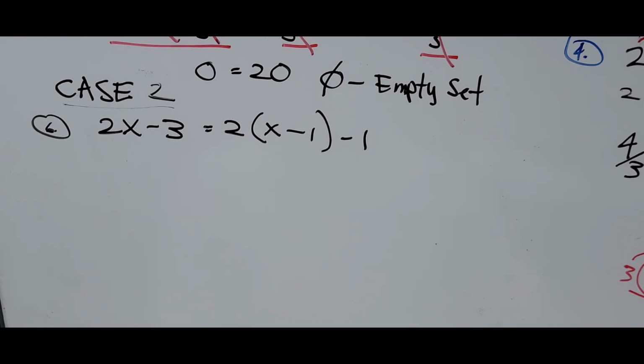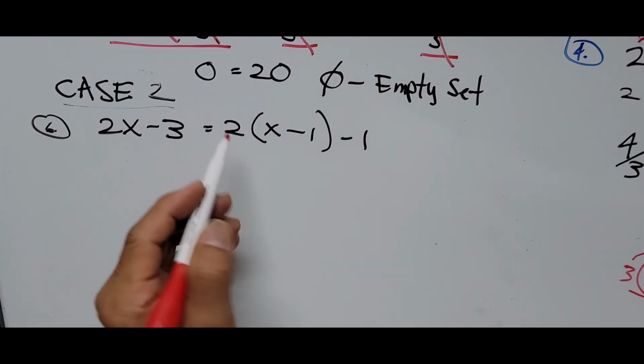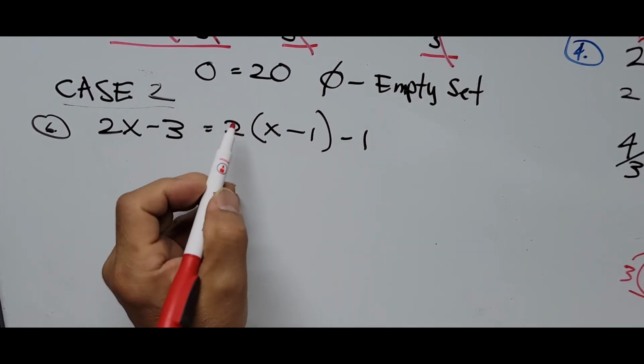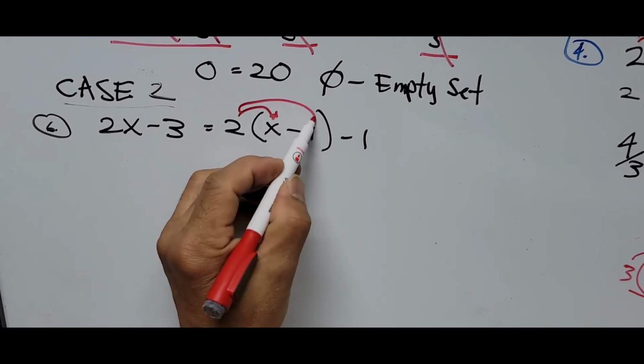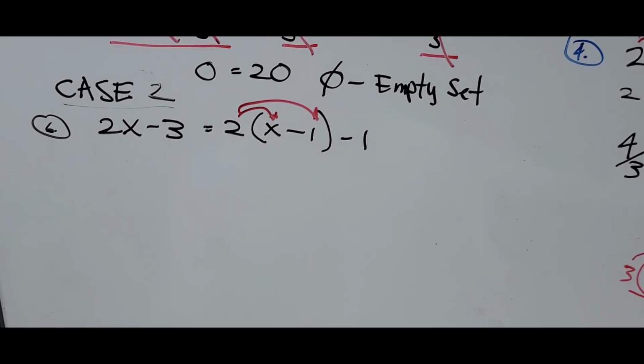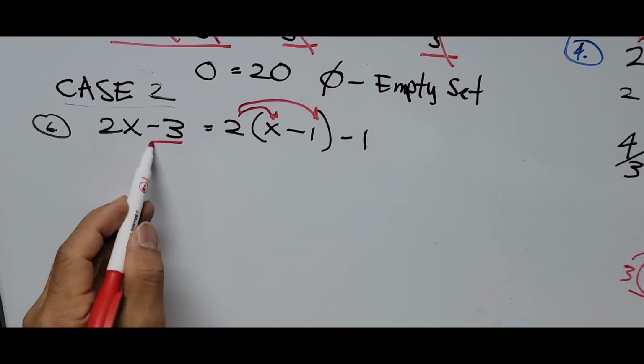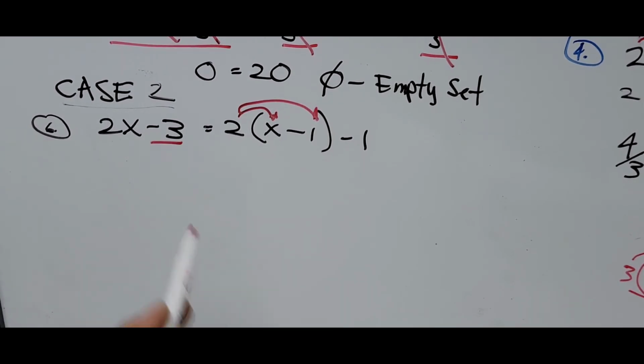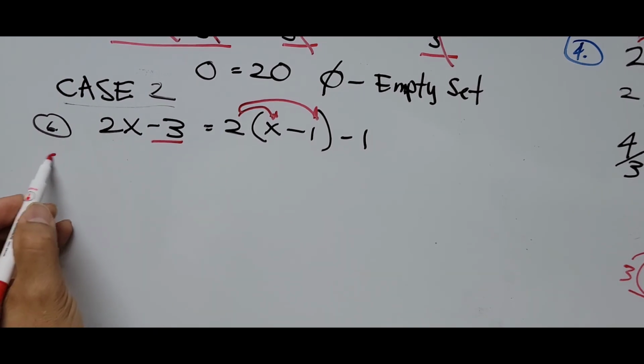Well, the same way, we have to simplify the equation. Then we find the distributive property, multiplication over addition, so we simplify that one right there. At the same time, we remove this constant. Alright? So the inverse of minus 3 is plus 3.